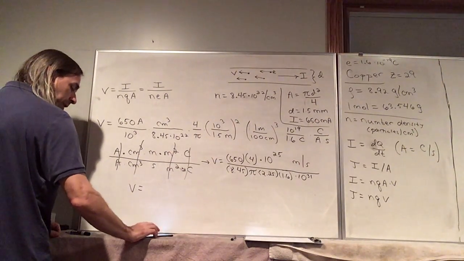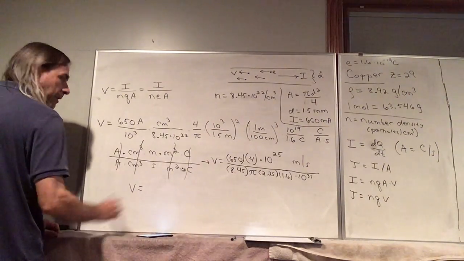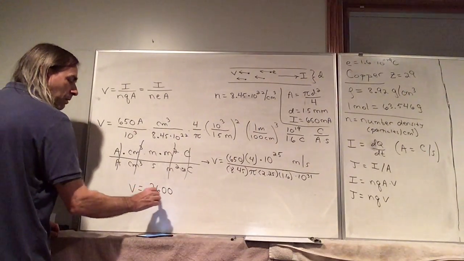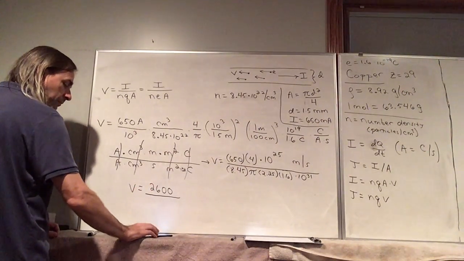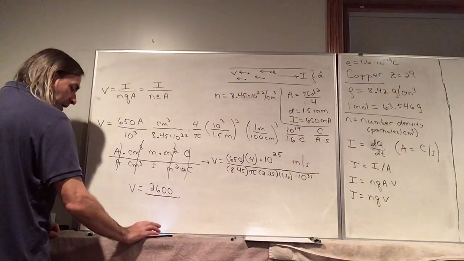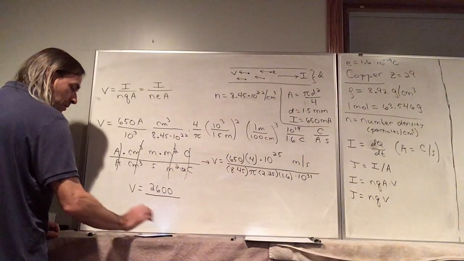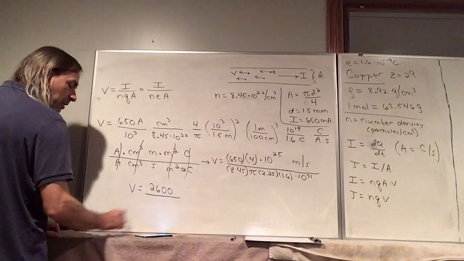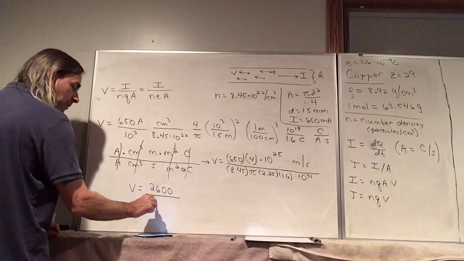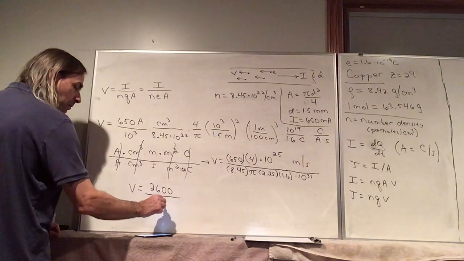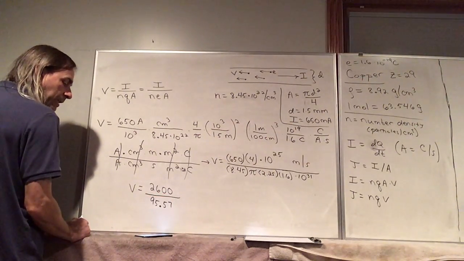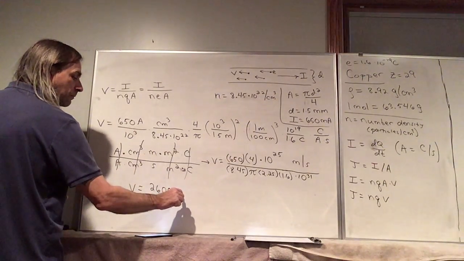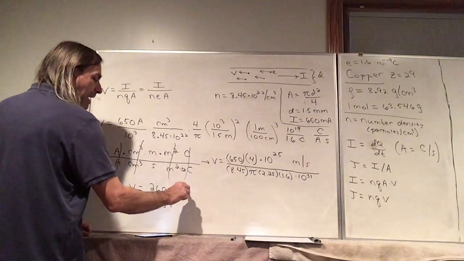650 times 4. Let's look at the number part. Should just do this one in my head. That's a nice easy one, 2600. And let's look at the bottom. 8.45 times pi times 2.25 times 1.6. On the bottom, I'm getting 95.57, and then we have times 10 to the minus 6.